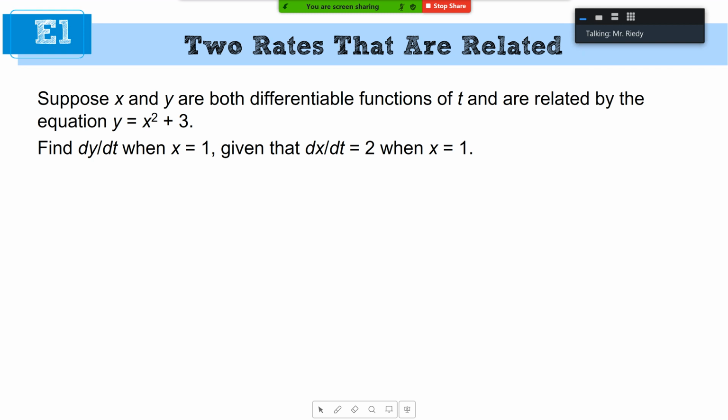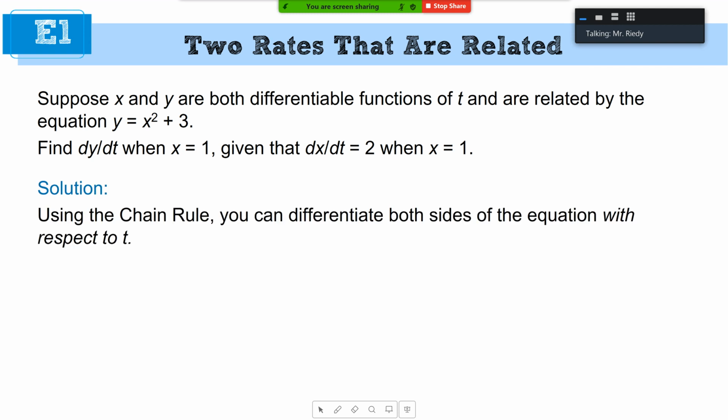Okay, so here's the problem. We've got this function y equals x squared plus 3. Find dy dt when x equals 1, given that dx dt equals 2 when x equals 1. Well, what does that mean? I've got to do a bunch of derivatives. So we start by taking the derivative of both sides. And you'll notice a change in the notation. We're taking a derivative with respect to t, not with respect to x. So we can't use y prime anymore.